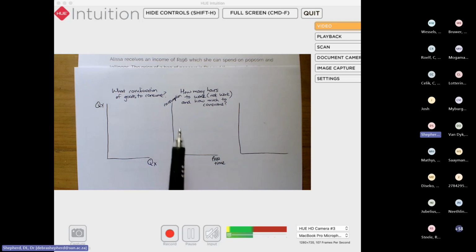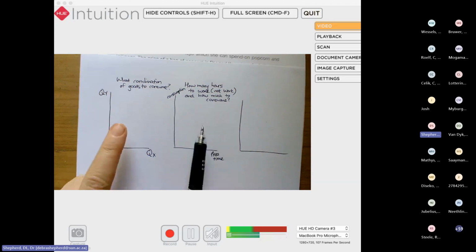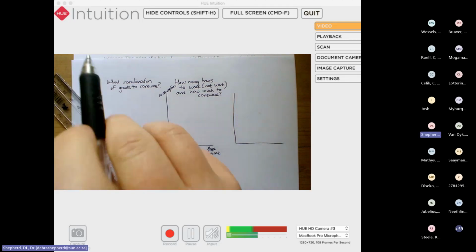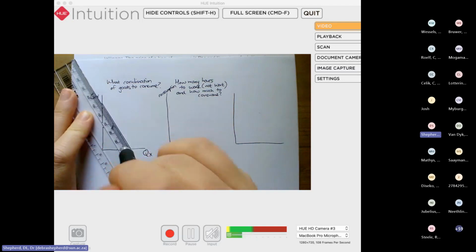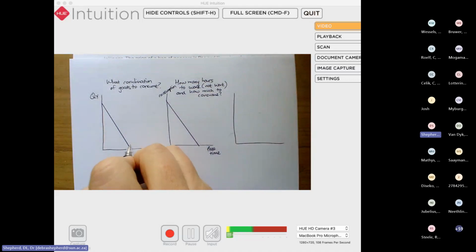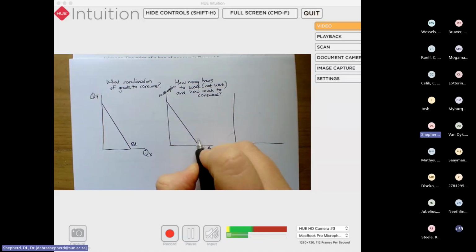Okay. Now, in order to solve this problem, we're going to look at a different type of budget constraints. In both of these examples, our feasible frontier is identified by a budget line. So in both of these examples, we have a straight line, which is our budget line or budget constraints.